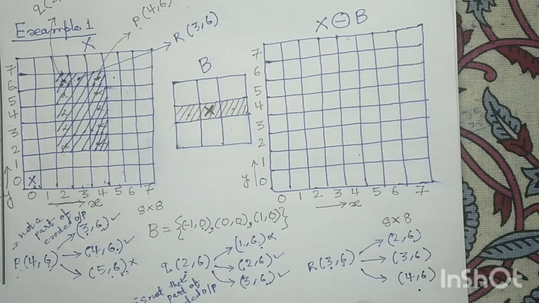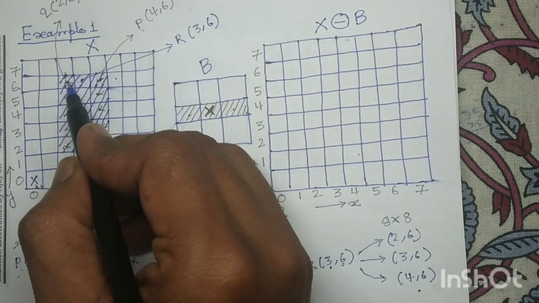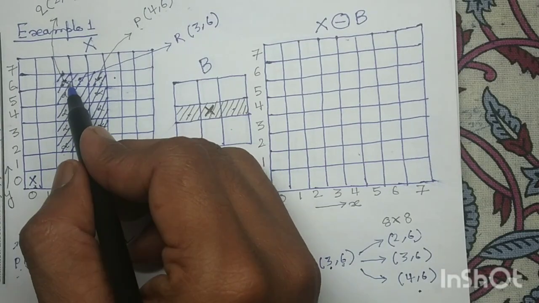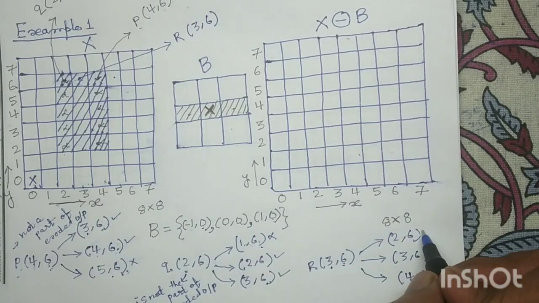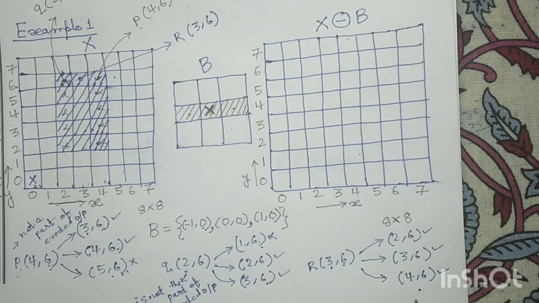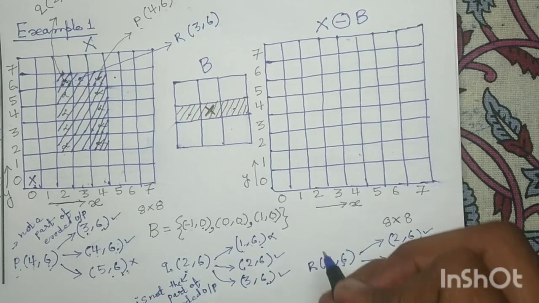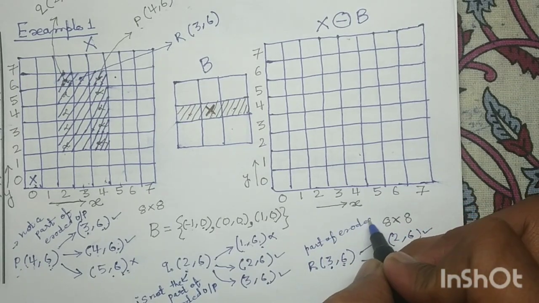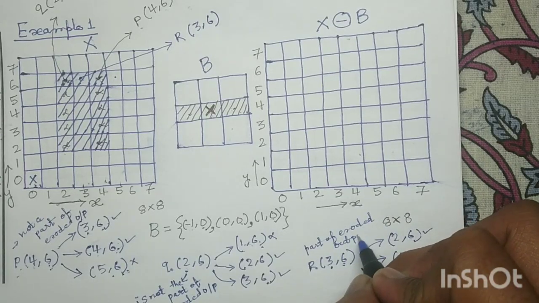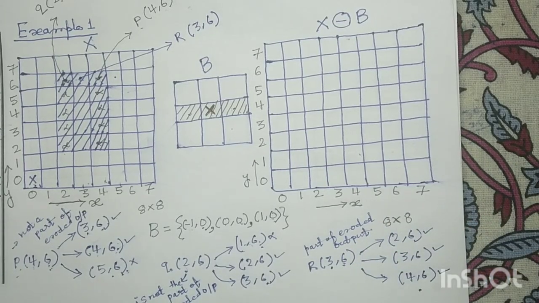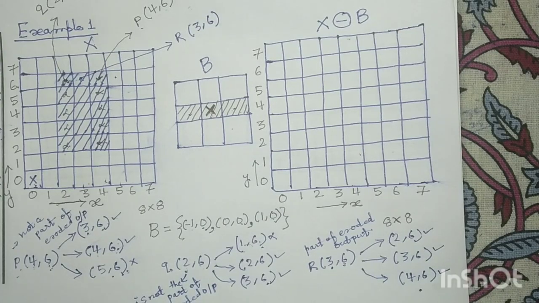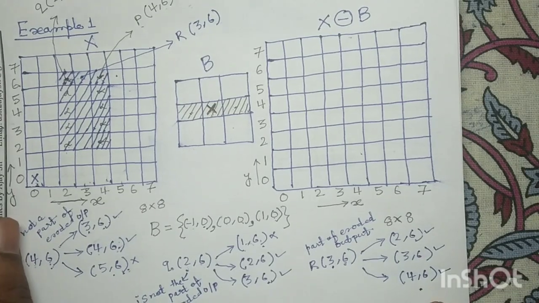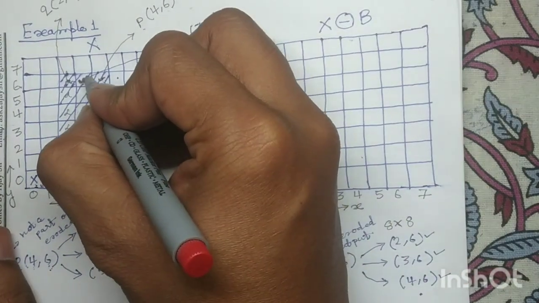In the input image, 2, 6 represents this point, 3, 6 represents this point, and 4, 6 represents this point, and all belong to the input image set X. Hence we conclude that 3, 6 is part of the eroded output.